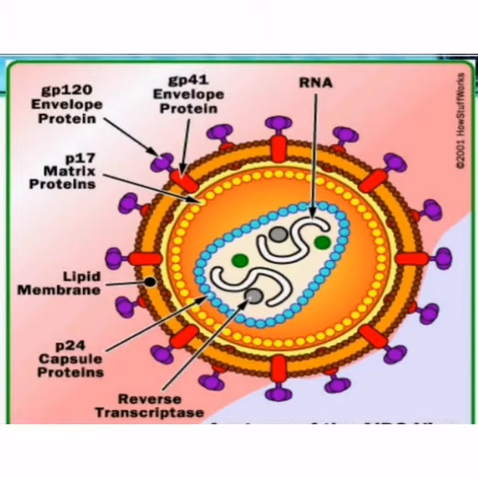At the core, there are two large single-stranded RNA. Attached to the RNA are molecules of reverse transcriptase, and it contains enzymes like protease and ribonuclease also. The core is covered by a capsid made of capsid proteins, and there is another layer of matrix proteins as shown in the figure.